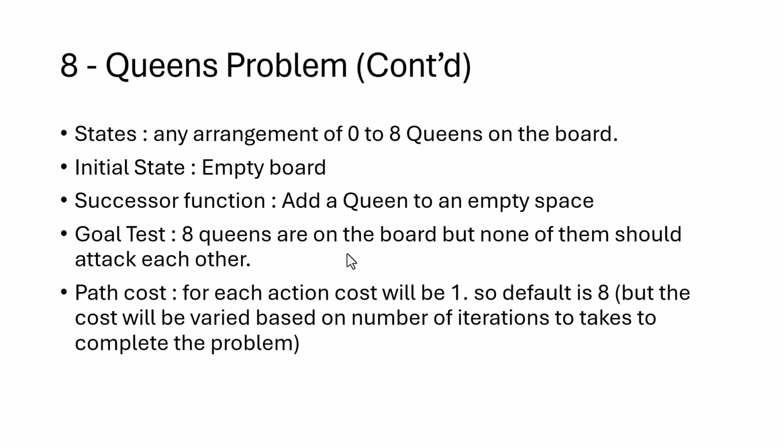Now there is the analysis of the problem. What are the states? Any arrangement of 0 to 8 queens on the board. Okay, whatever be the position of it, the arrangements are states. The initial state is of course an empty board. You can keep adding them one by one. The successor function adds a queen to an empty space, okay, by a legal move.